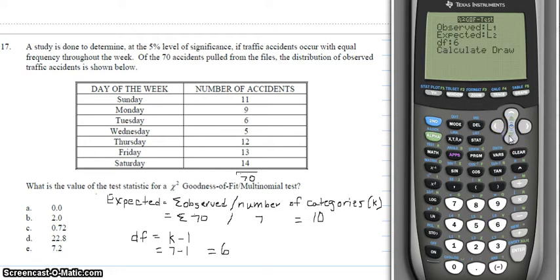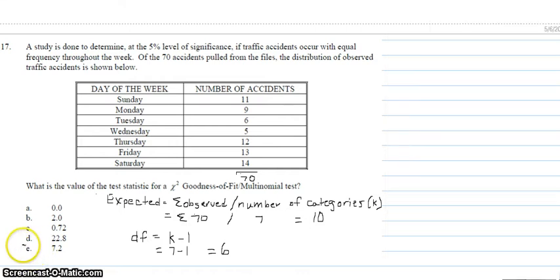Now we'll hit calculate, enter, and chi-squared equals 7.2, and hopefully that would be one of our answers because that's what we want. And yes, it is. That's letter E. So our answer is letter E, 7.2.